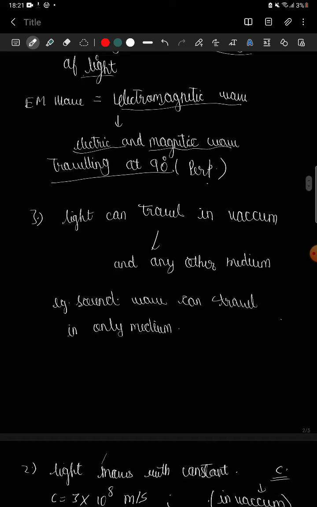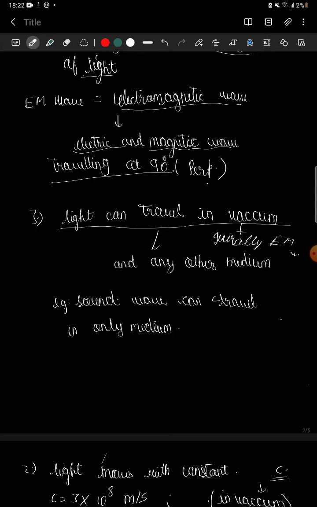The third point is that light can travel in vacuum. Light, or generally any EM electromagnetic wave, can travel. Why do we specifically learn about light? We specifically learn about light because we can see light, right? We can also learn about any other electromagnetic wave.